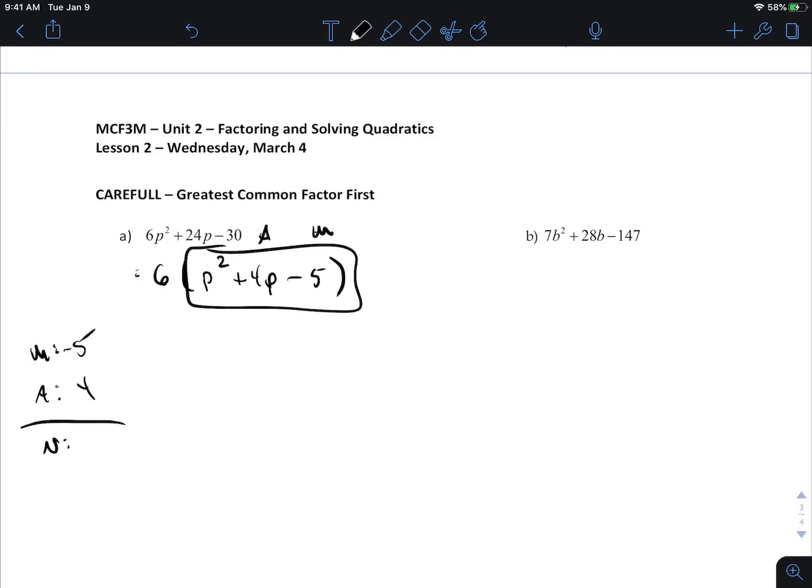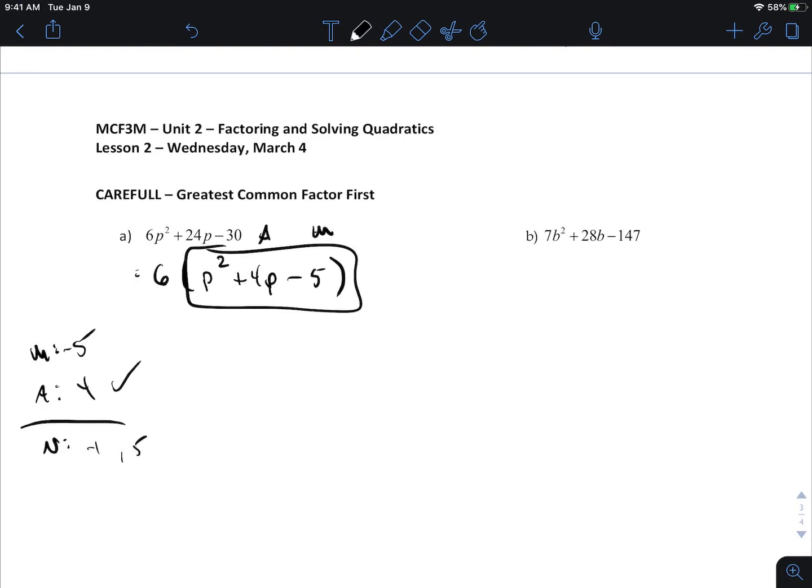Ignore the negative. I need 1 and 5 to multiply, and then I have to force it to add to 4. If I make the 5 negative, 1 minus 5 is going to be negative 4. That's not going to work. So I'll make the 1 negative. Negative 1 plus 5 is going to be 4. So then it works.